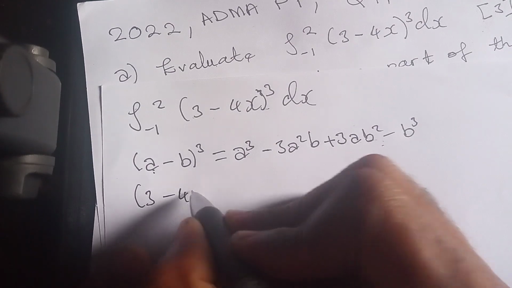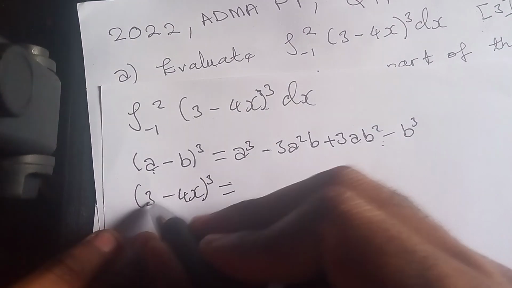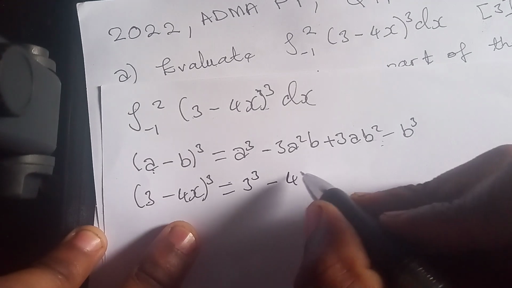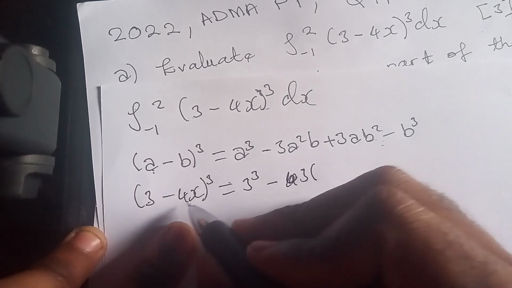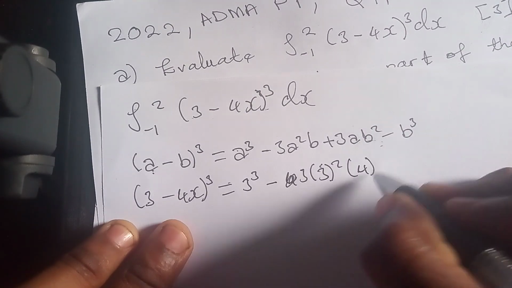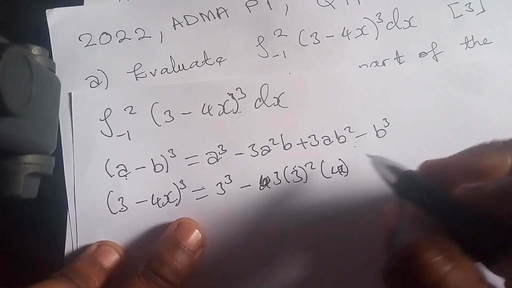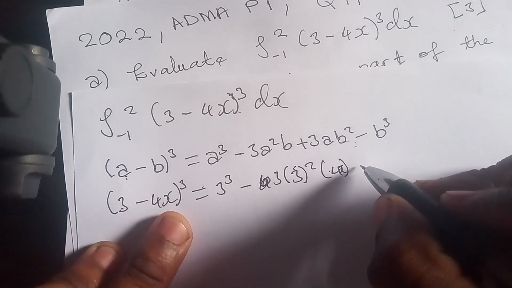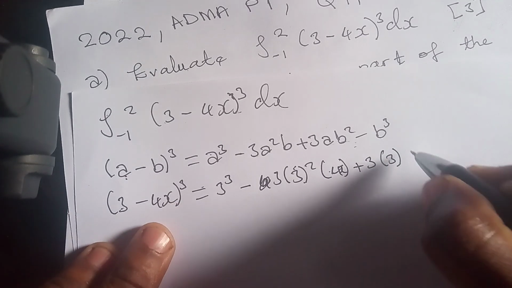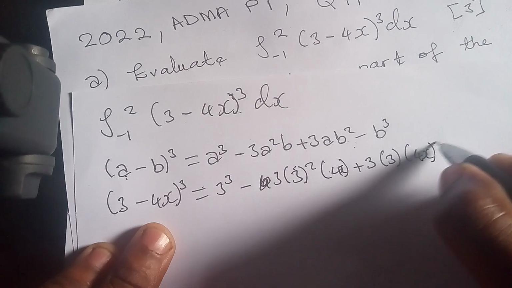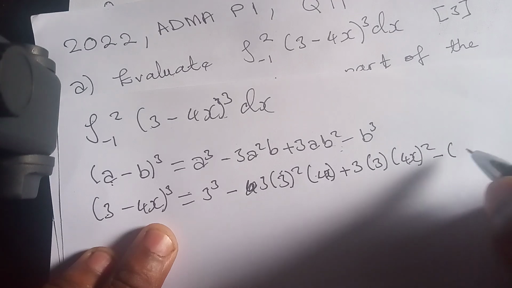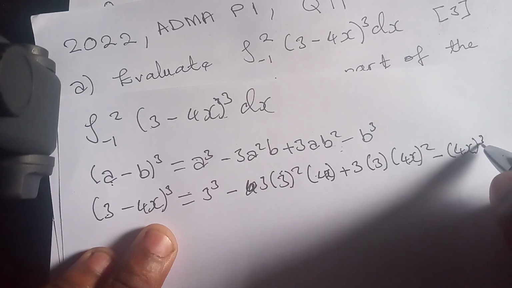So (3 minus 4x) to the power 3 is 3 to the power 3 minus 3 times 3 squared times 4x, plus 3 times 3 times 4x squared, and then minus 4x to the power 3.